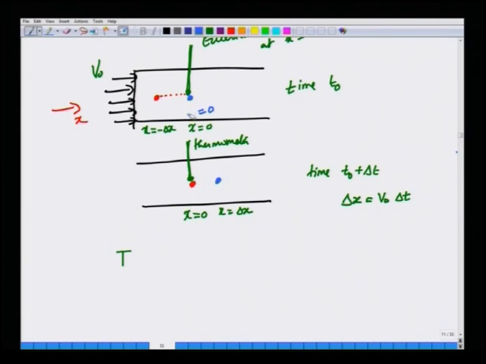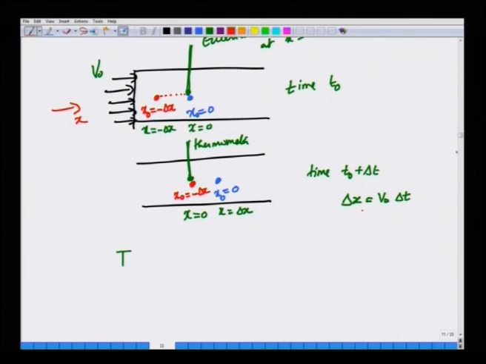We need not have the vector subscripts because we are just worrying about one direction here. For the red point, it is x equals minus delta x. Even at a later time, the Lagrangian coordinate of the blue point is still x naught equal to 0, and the Lagrangian position of the red particle is still x naught equal to minus delta x. Delta x is v 0 delta t, that is the magnitude of the displacement.